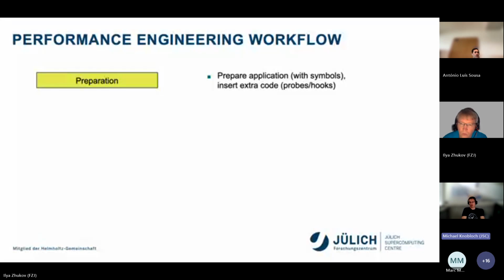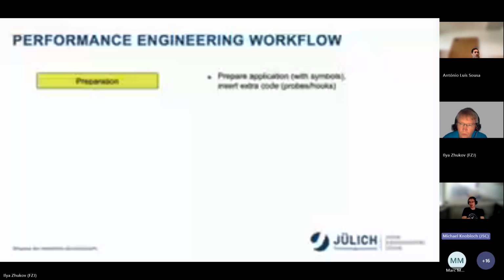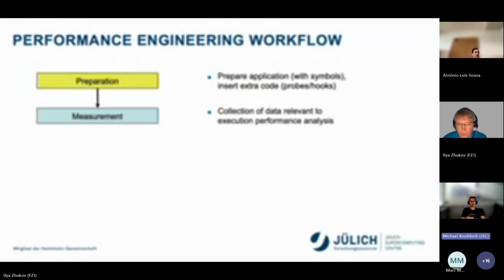Or what you can easily do yourself is just add printfs with some timers, to get easy instrumentation. Next thing is you measure, right? So you collect the data relevant to the performance analysis you want to do. So you gather data, right?